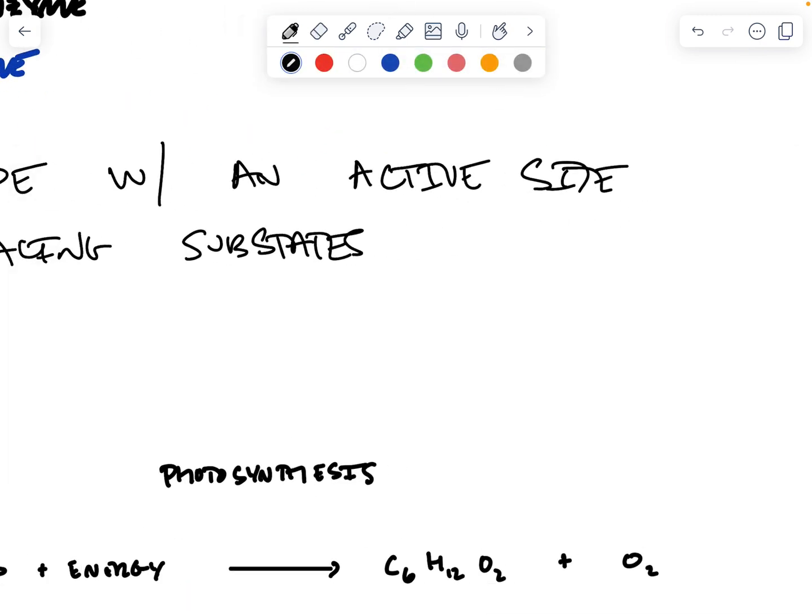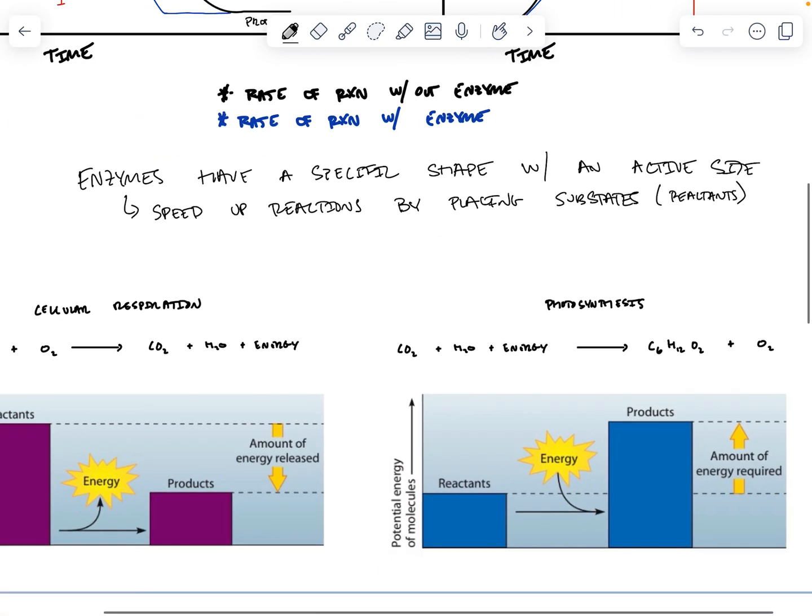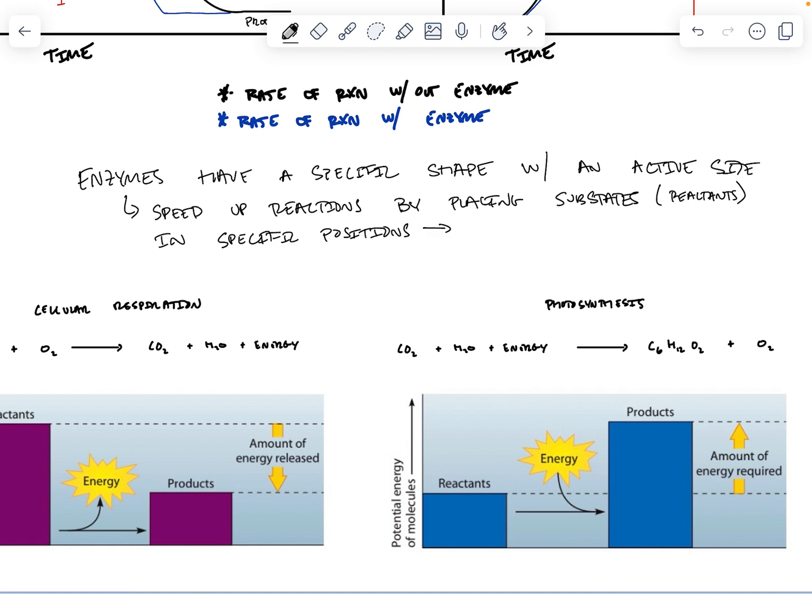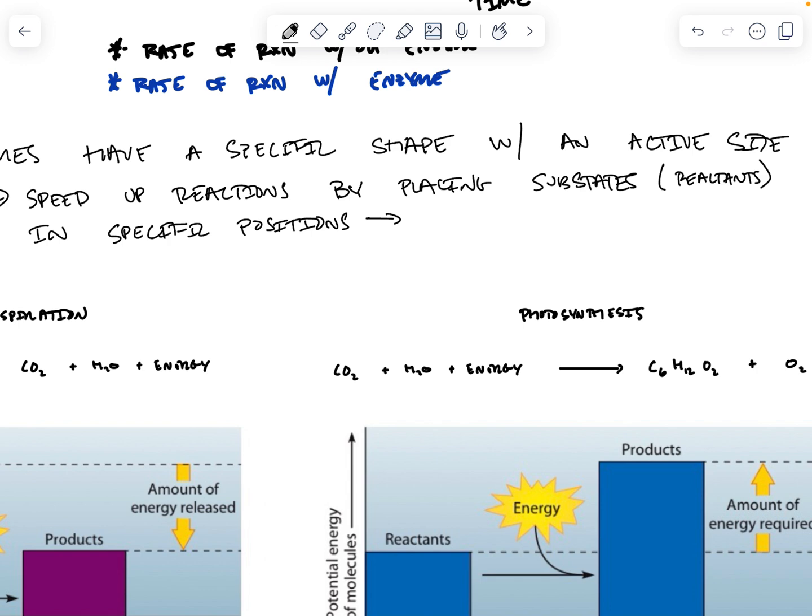And when they put their substrates in specific positions, they make it much more likely for the reaction to occur.